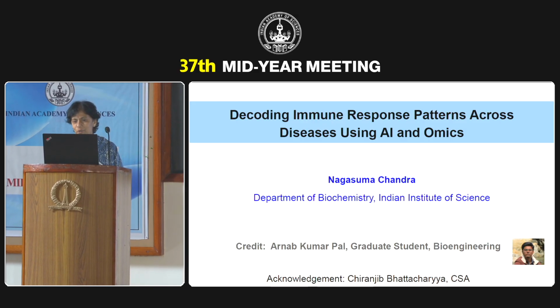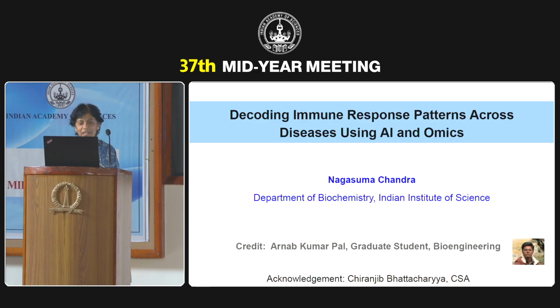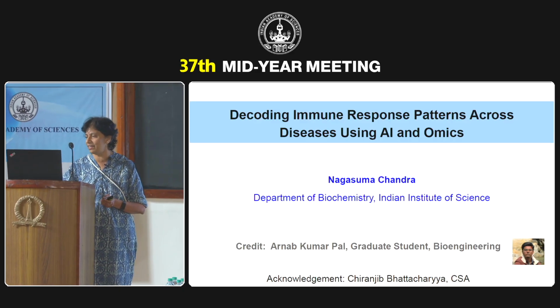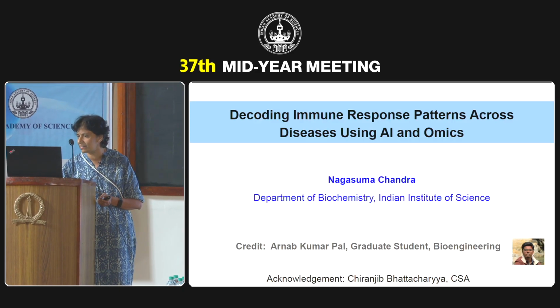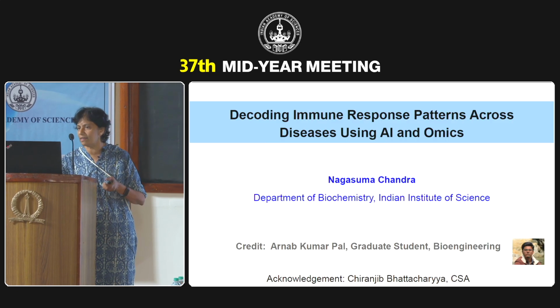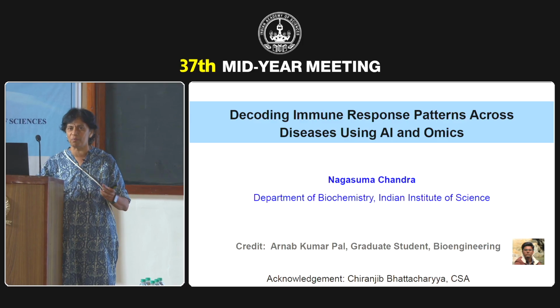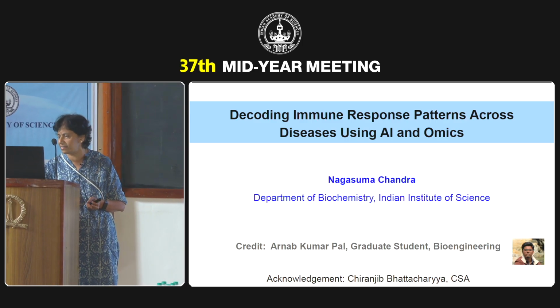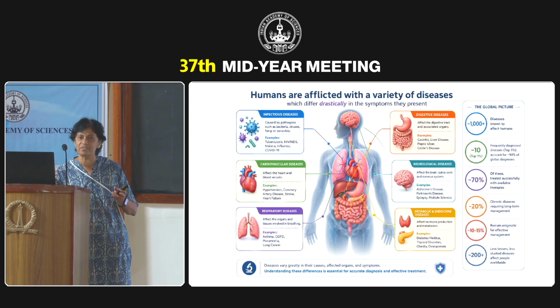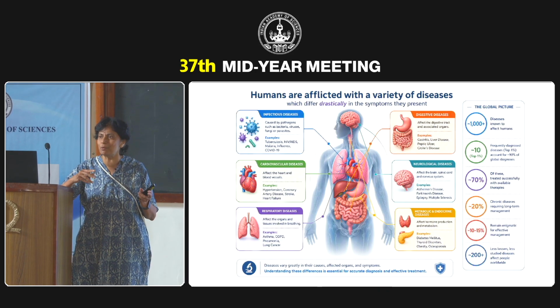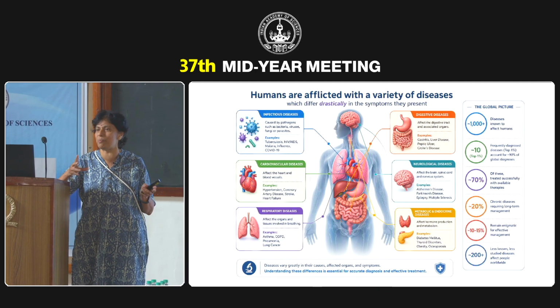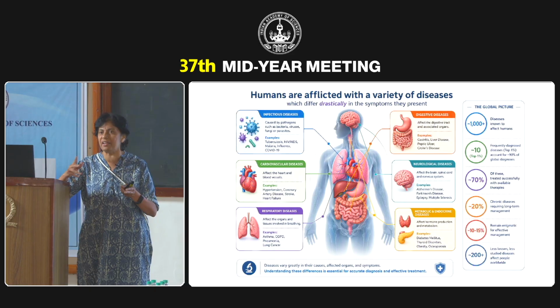Much of the work that I'm going to talk about is done by my graduate student Arnav from the bioengineering stream. I'm going to tell you about how we decode immune response patterns, the complexity that are there across diseases, using, of course, physics-based information, large data, especially transcriptomics, and AI models.